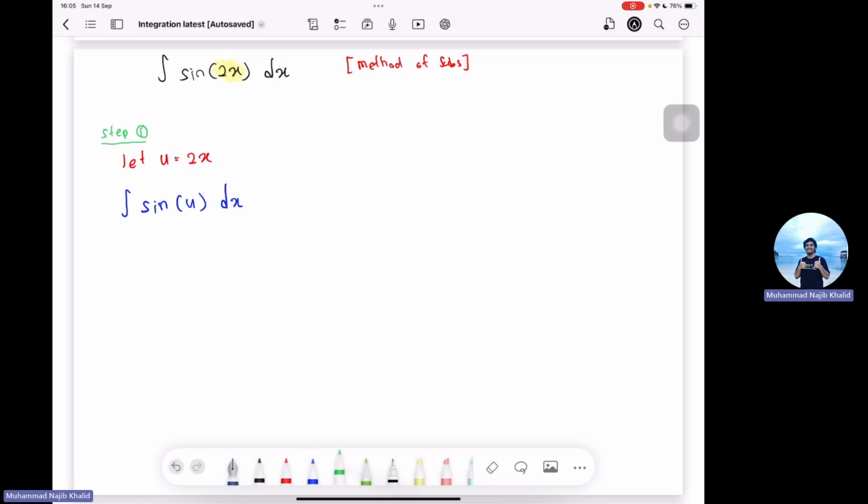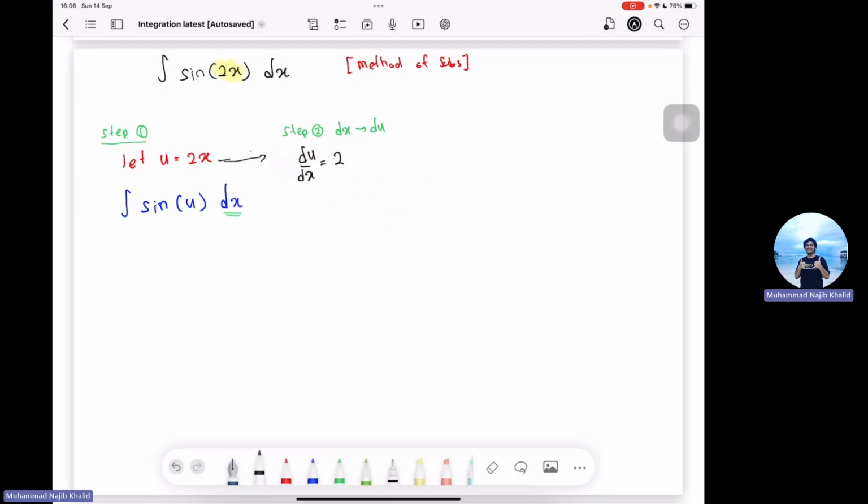Next, we go for step number 2. Again, try to recall the name. Step 2 is we have to rewrite dx to du. We want to change the dx here to du, which means we have to use our knowledge from chapter number 1, differentiation. Differentiating u gives du over dx equal to 2.